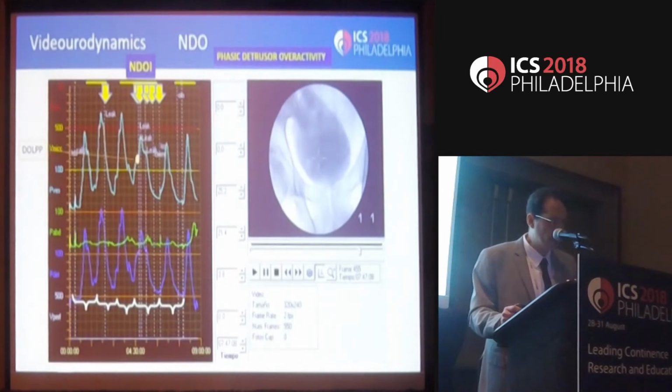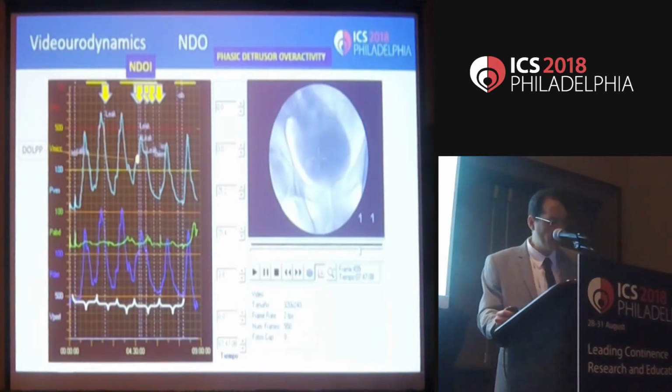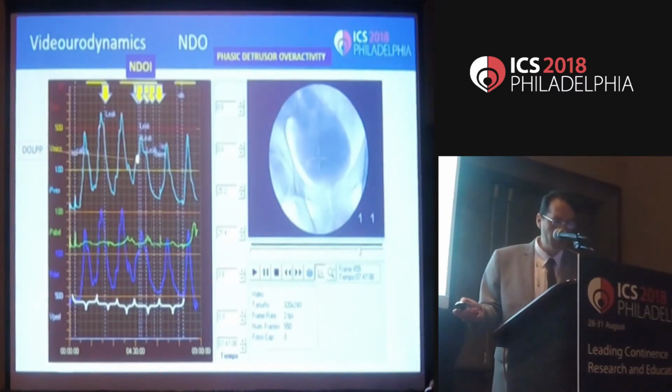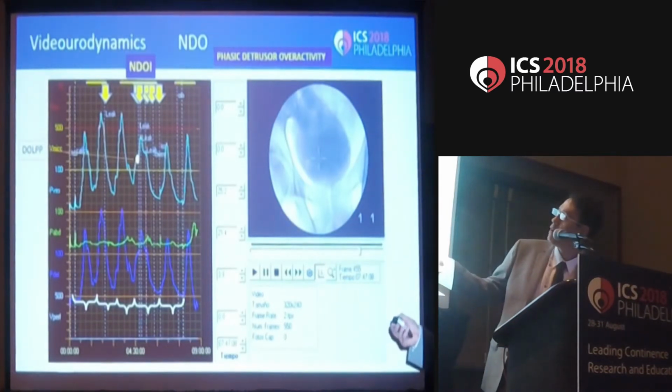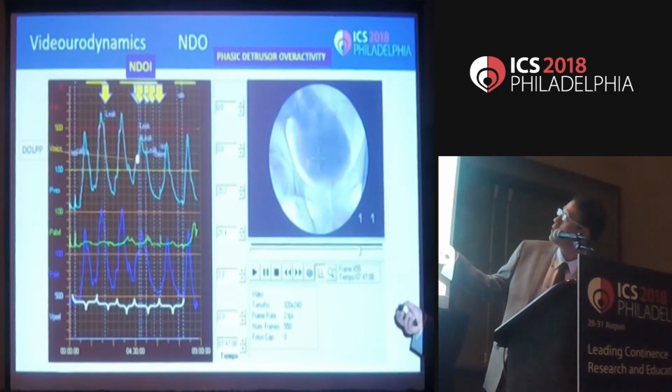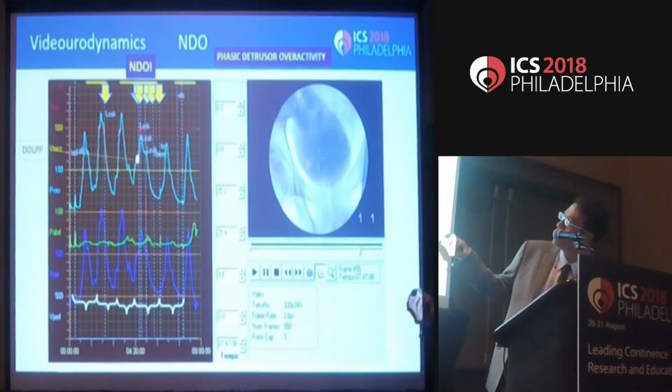Now you can see a few examples of video urodynamics. This is a phasic detrusor overactivity. There are a lot of neurogenic detrusor overactivity. This is a phasic detrusor overactivity. You see the climbs of every detrusor contraction, but always restoring of the initial basal pressure.